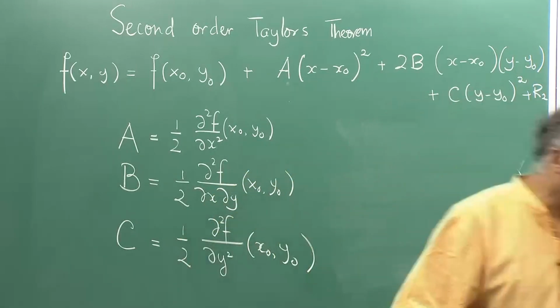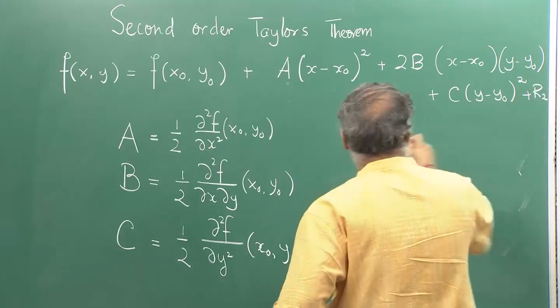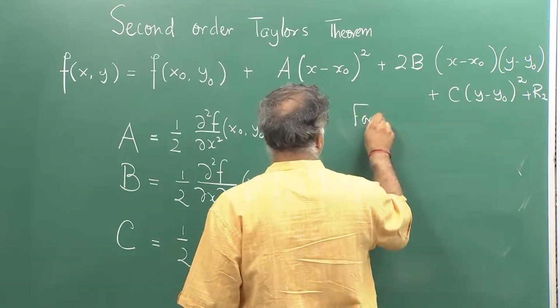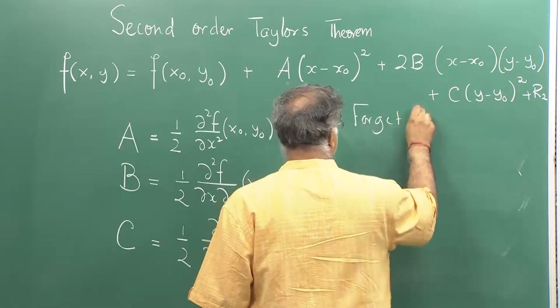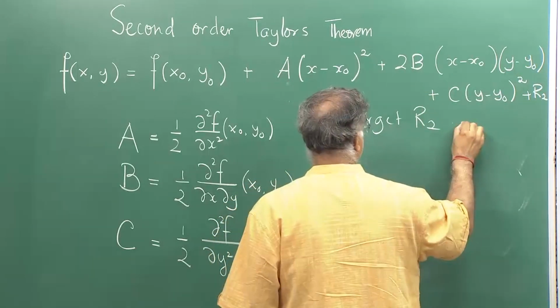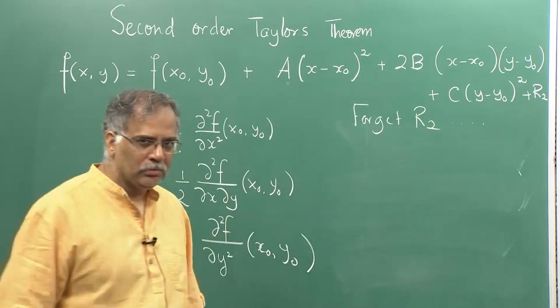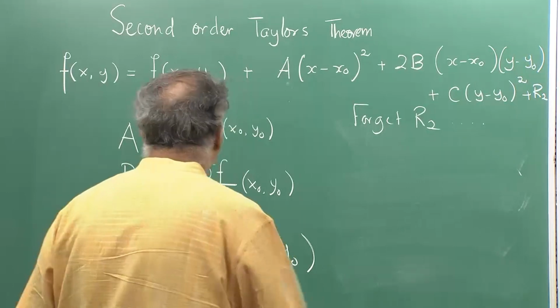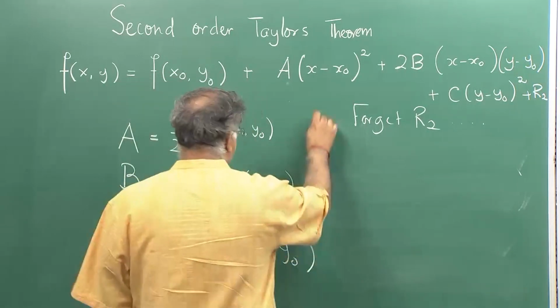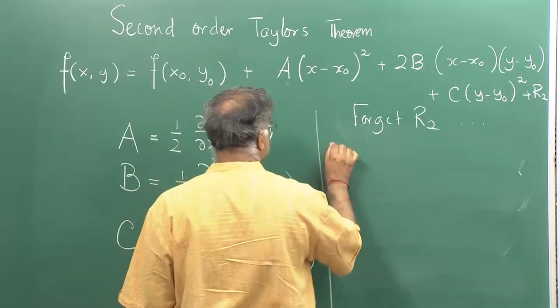So, forget the error for a little time, forget R2. Really you shouldn't, but for all practical purposes let us forget R2, and then you construct what is called D.